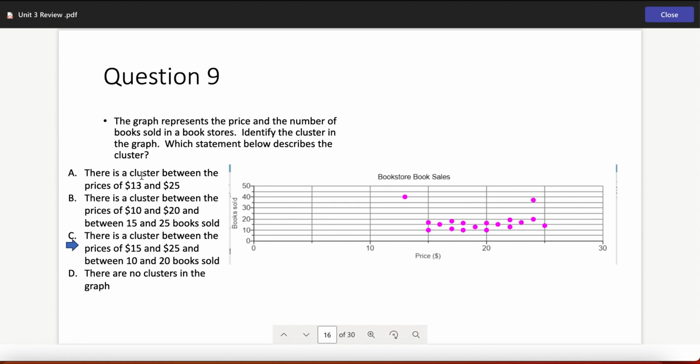So we're gonna go through the options. This is the graph here, and this is a cluster. So we have to find the options. We know the answer is C, but let's go over the options. For A, it says there's a cluster between the prices of 13 and 25.